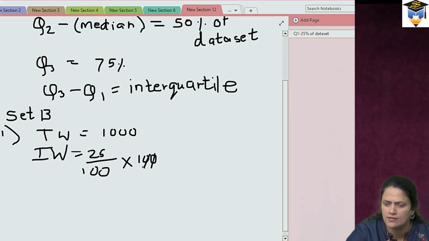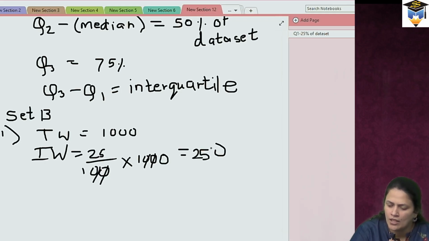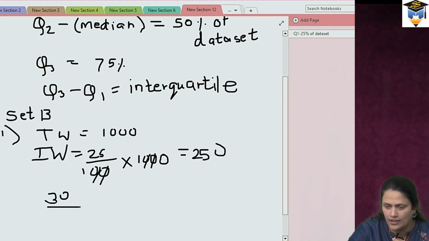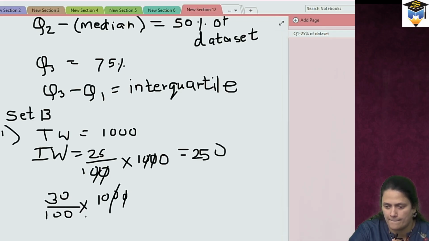Answer is 250, correct? Industrial workers are 250. 30% of the people who has not watched the World Cup matches were industrial workers. So 30 upon 100 into 1000 is how much? 300.